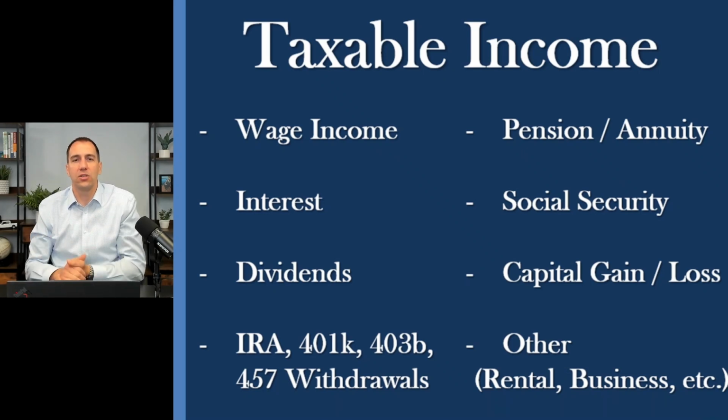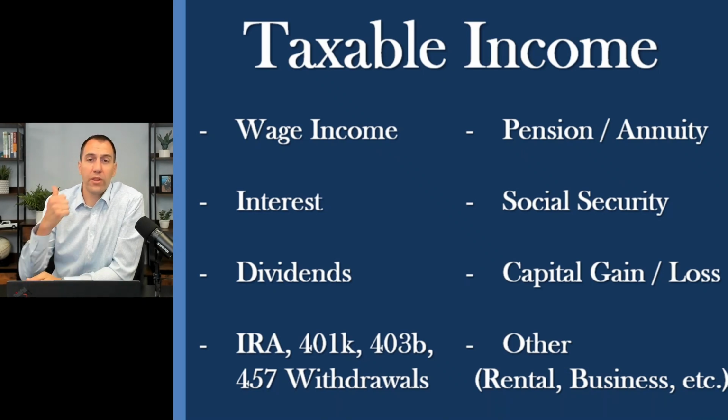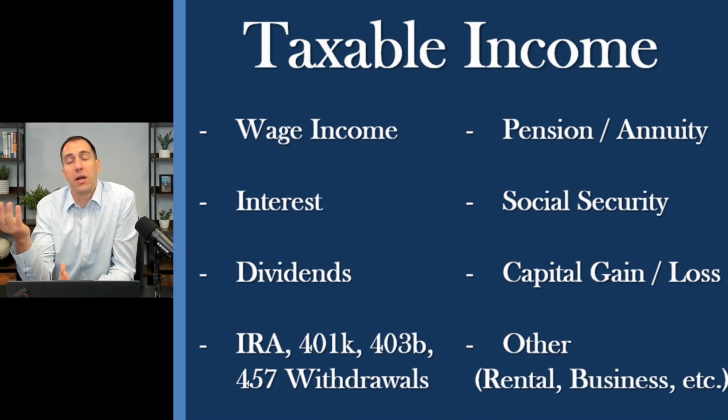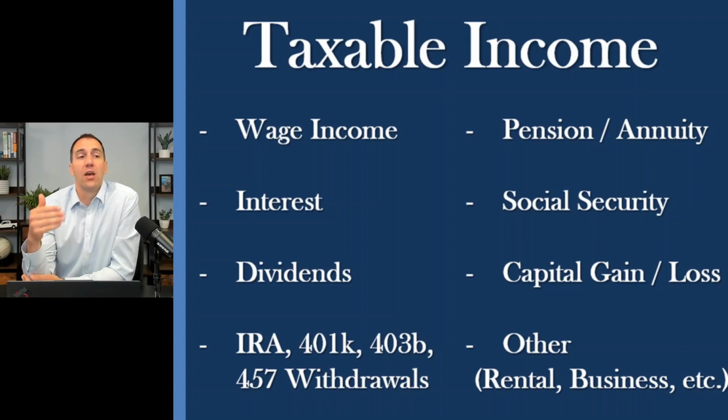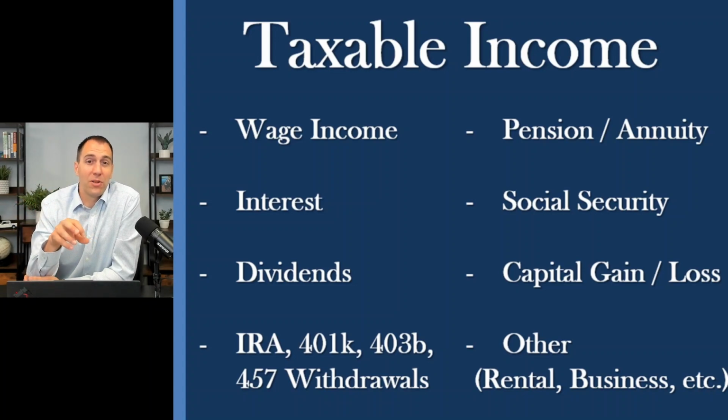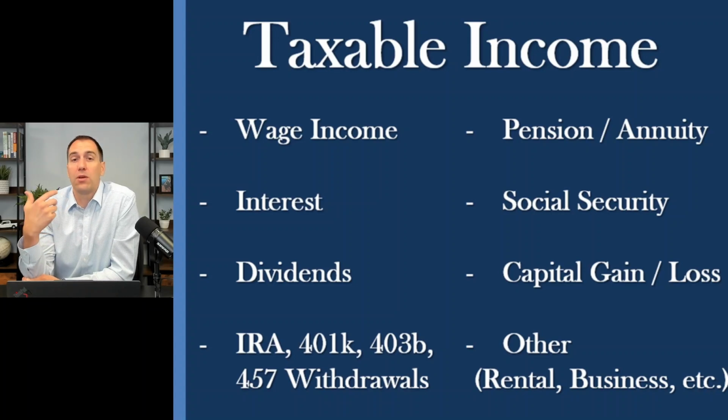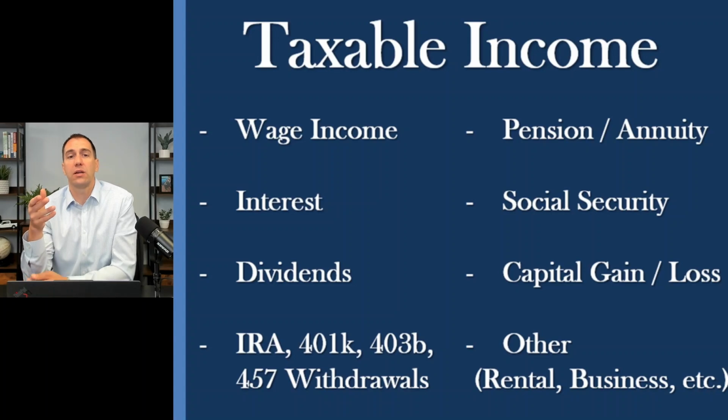What all adds into your taxable income? Well, that's wage income. Now, if you're retired, you might not have wage income coming in, but interest, dividends. The primary one that you're going to become familiar with in retirement is your IRA, 401k, 403b, or 457 withdrawals, the money that you're taking out of your retirement savings. Pension or annuity payments, those add into taxable income.